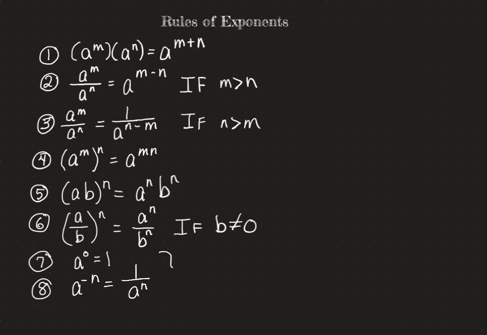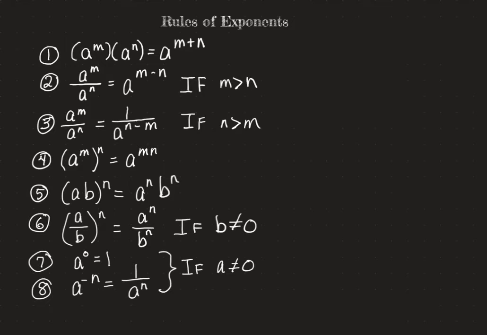Now, there is a caveat, or rather a limitation to each of these rules. They are only true if a does not equal 0. Now, when you look at these, if you look at rule number 8, it's pretty obvious that you can't have a equal to 0 because you'd be dividing by 0.